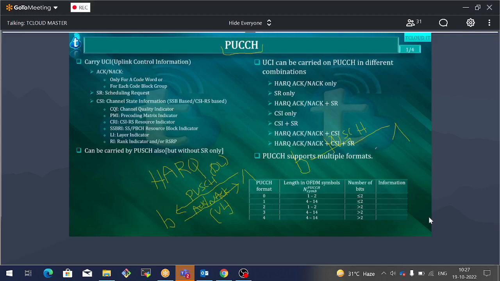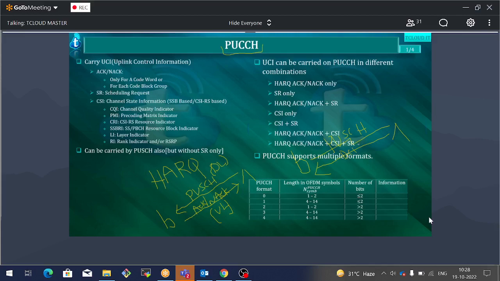In uplink, they have decided not to use this ACK-NACK format directly on some particular channel. Instead, once the gNodeB detects or decides that the PUSCH transport block has failed, its CRC is erroneous and we could not solve the errors with the help of the coded bits, the gNodeB definitely needs to ask the mobile equipment to do a retransmission. So instead of sending ACK or NACK, what the gNodeB does is send the downlink control information to the mobile.